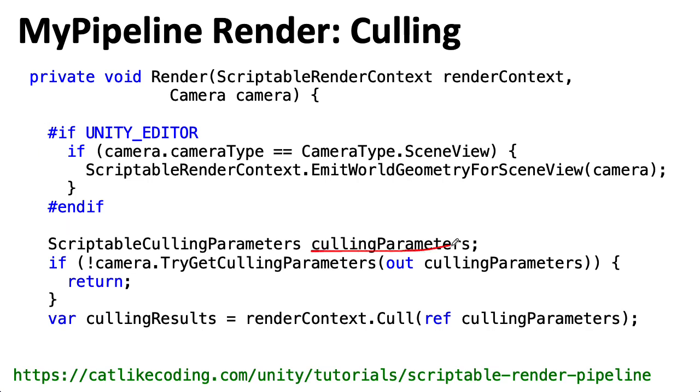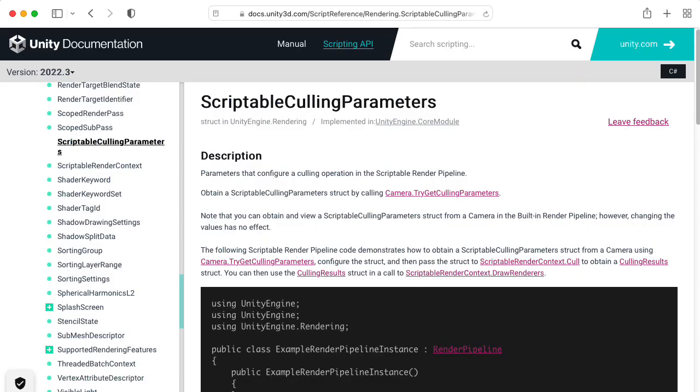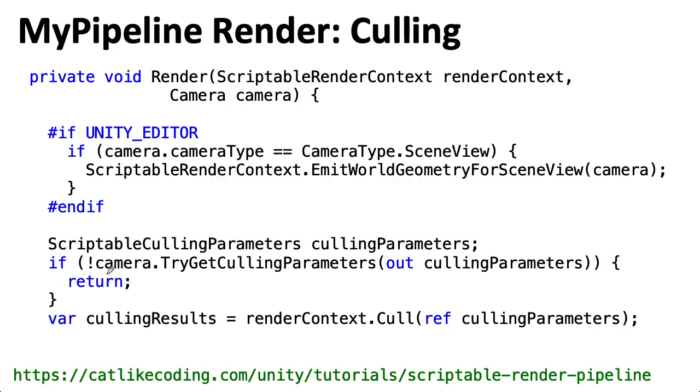Next, we're defining this cullingParameters variable. That's this very complicated data structure called ScriptableCullingParameters. The scriptable culling parameters are bits of information from the camera and the scene needed to figure out what parts of your scene are actually visible by the camera. So we go to the camera and say, camera, run your TryGetCullingParameters method.